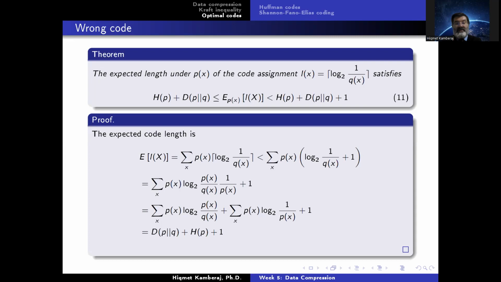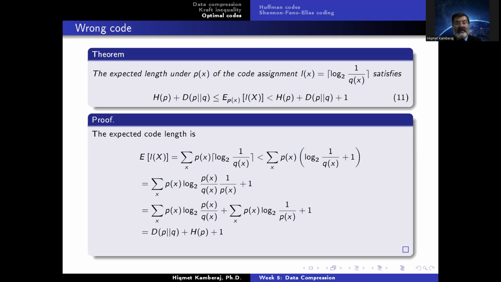Now the wrong code, just a comment, a wrong code would mean a wrong calculation of the expected length if the true probability distribution is P of X, but we assume it is Q of X. The expected code length is this one.